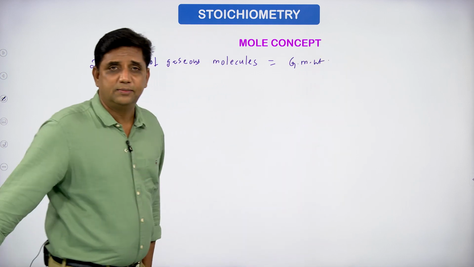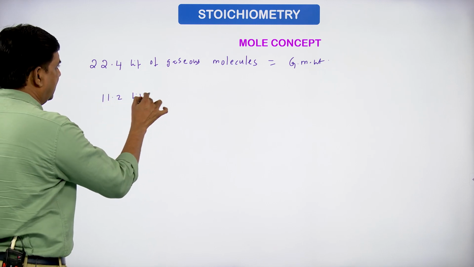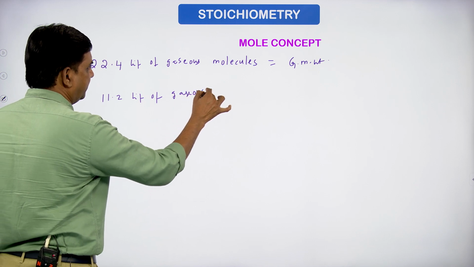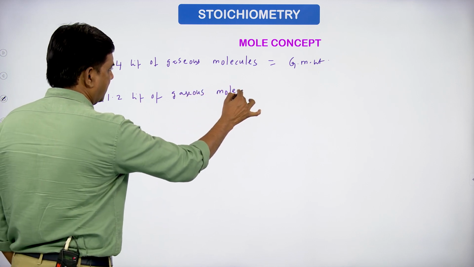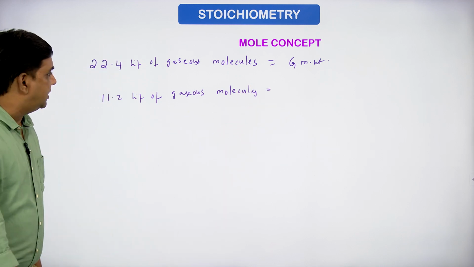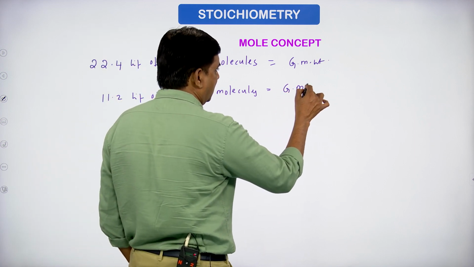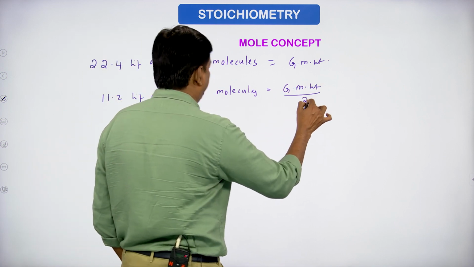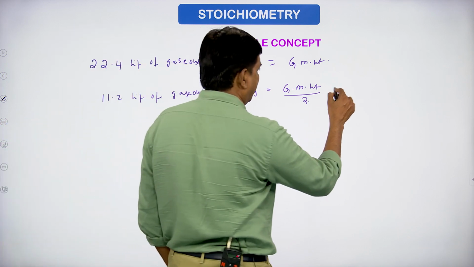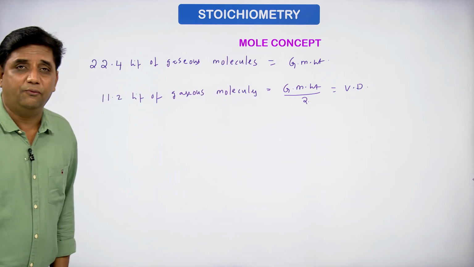Similarly, 11.2 liters of gaseous molecules would be gram molecular weight by 2, because it is half, therefore the mass also becomes half, which is equal to the vapor density.